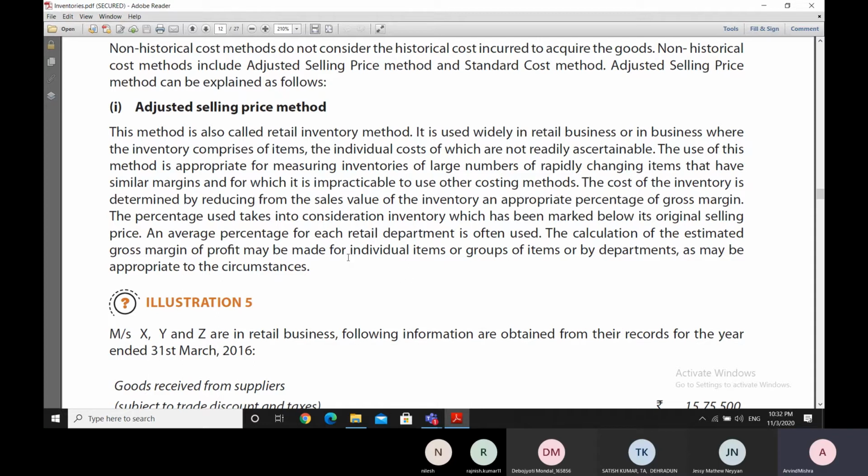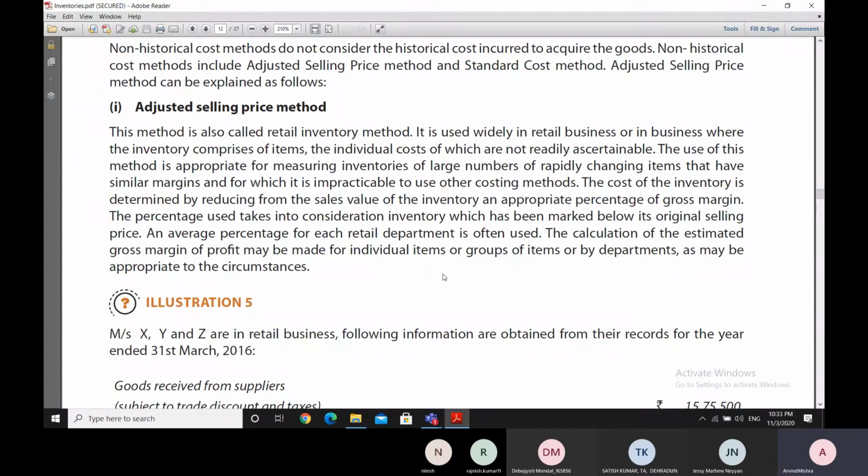Sometimes the profit margin is known for individual items, sometimes for groups of items because for that entire group there is an almost constant profit margin, or the profit margin can be calculated for every department, as may be appropriate to the circumstances. If all the items belonging to a particular department or group have a similar gross margin, well and good, we'll take that into consideration for the entire department as such.